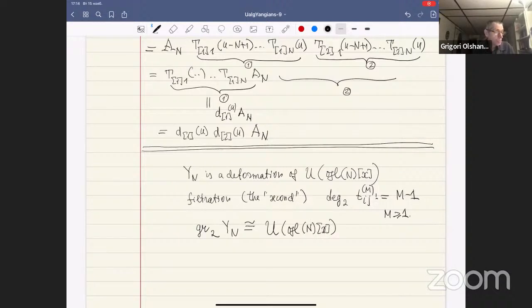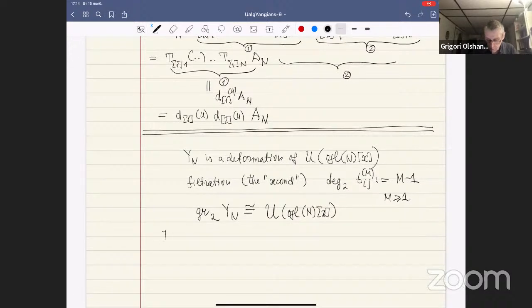Now I want to simply notice that this claim also extends to the Hopf algebra structure. So this fact extends to the Hopf algebra level.